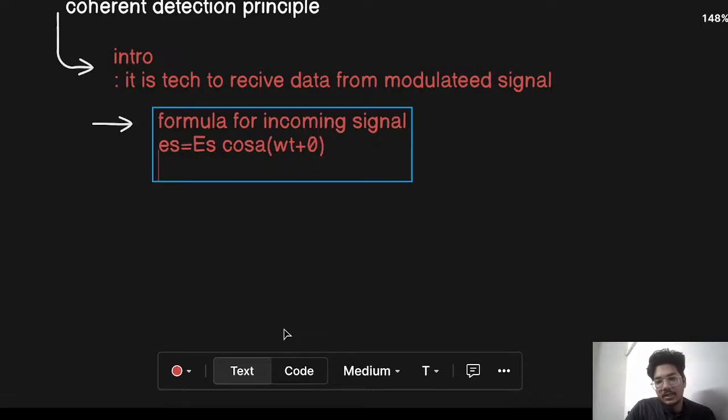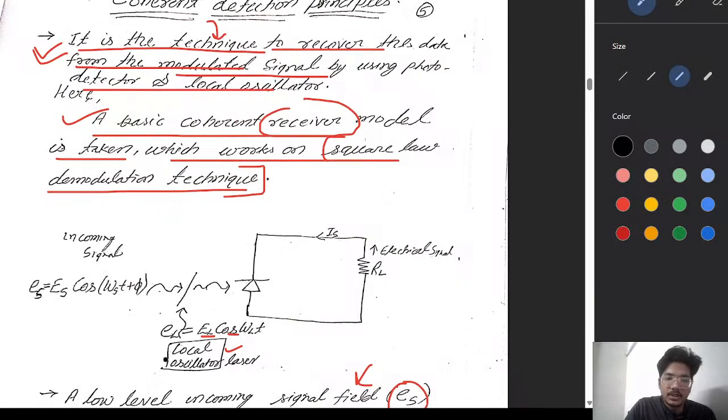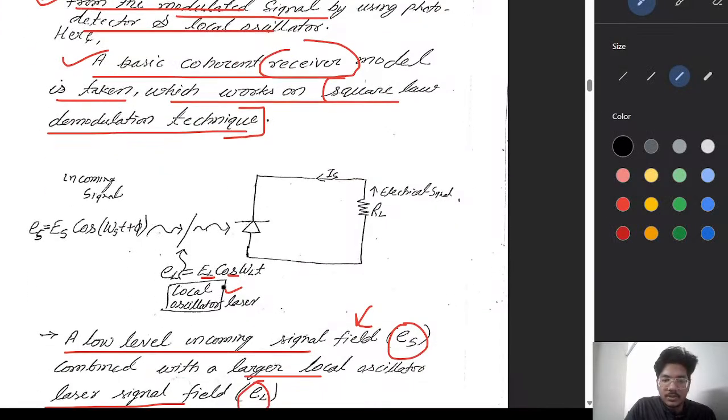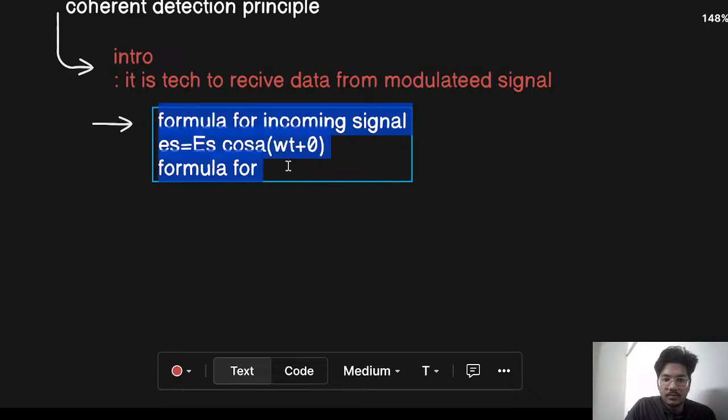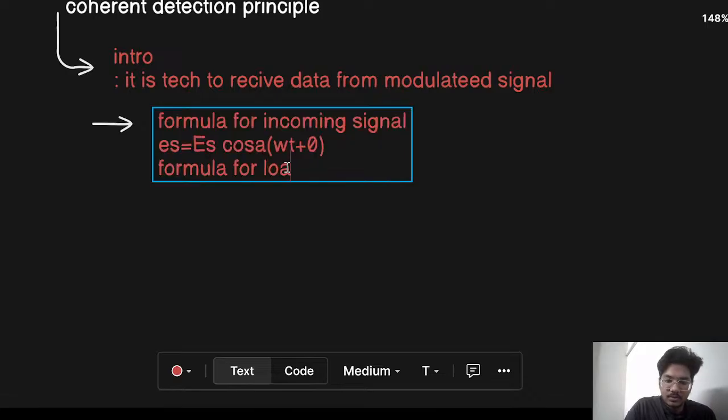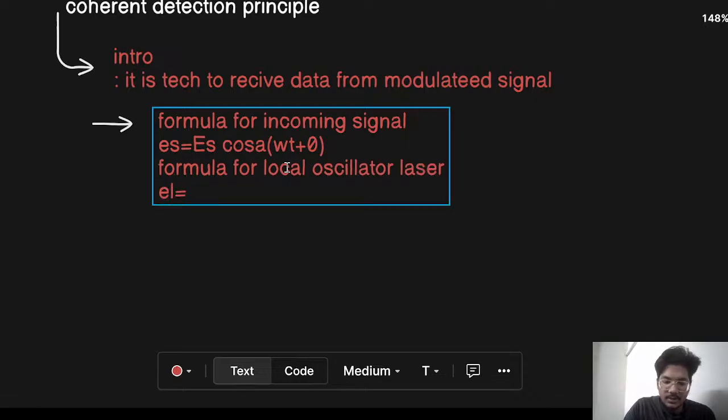And the formula for the local oscillator laser is El equal to El cos of omega t.